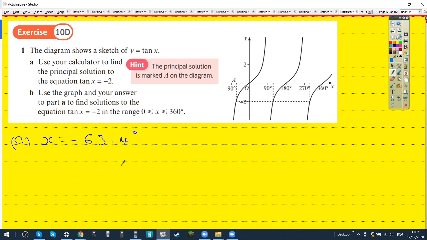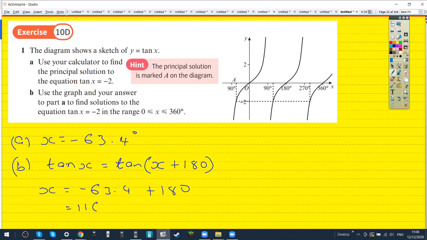And how do we find additional answers for tan? You do 360 minus whatever it is. That's for cos. Do you remember tan? Plus 180 this time. So it'd be minus 63.4 plus 180, which is 116.6. That's it.